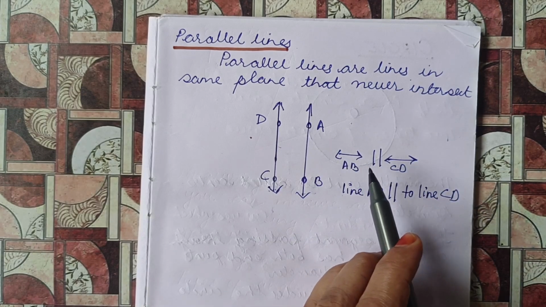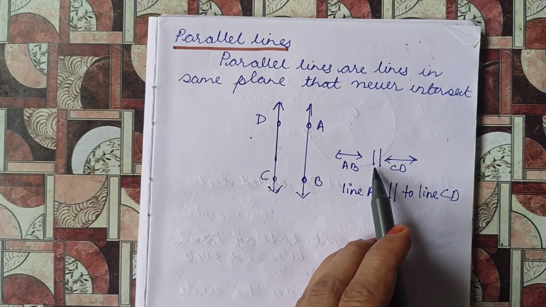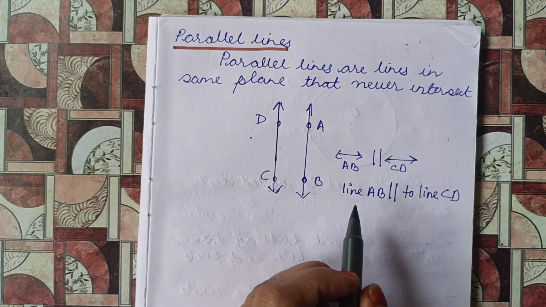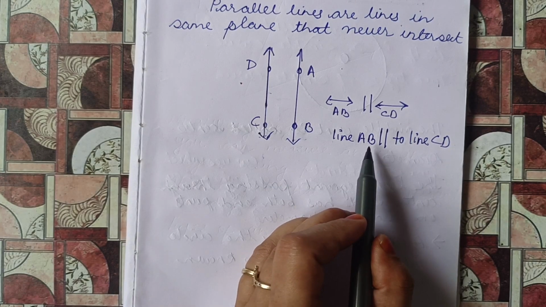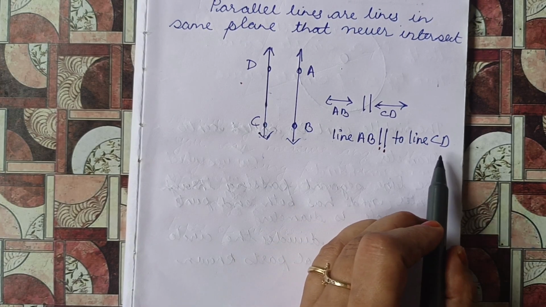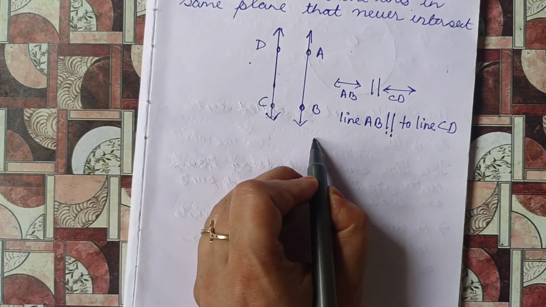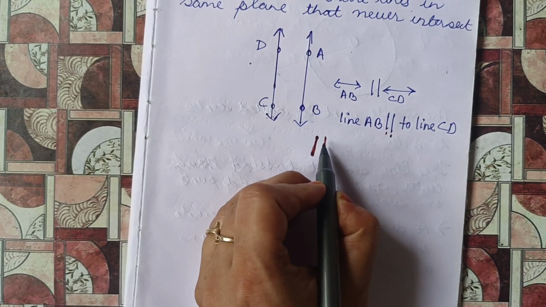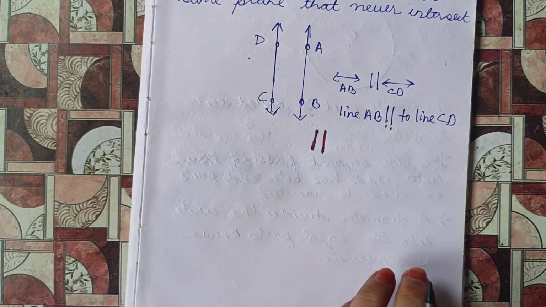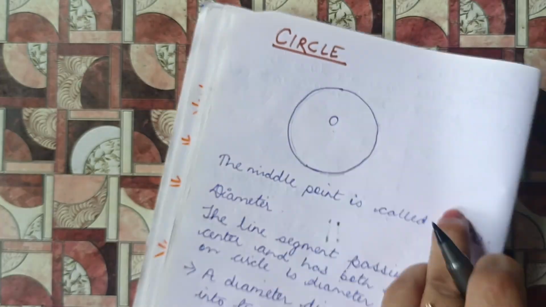We can write parallel lines as line AB is parallel to line CD, or we can read it as line AB is parallel to line CD. This is the symbol of parallel lines. Hope you all are clear regarding lines.